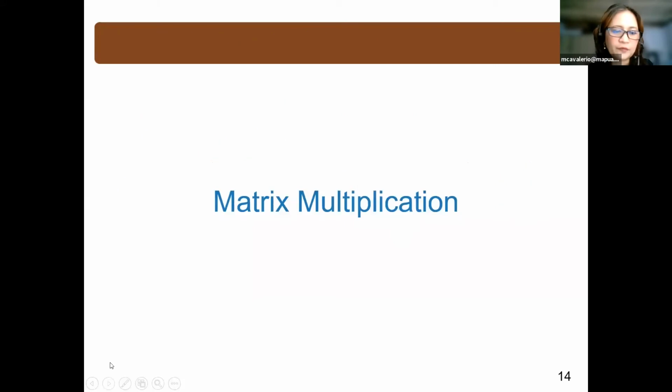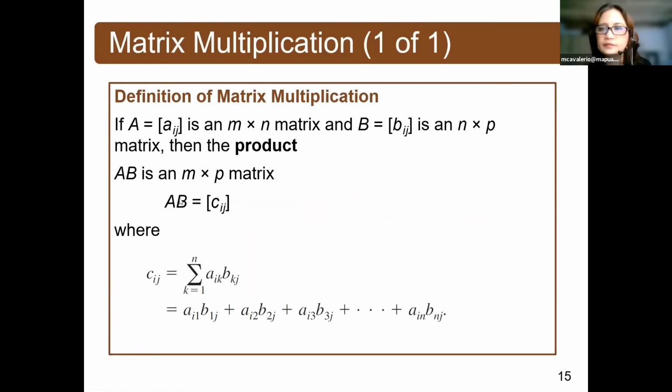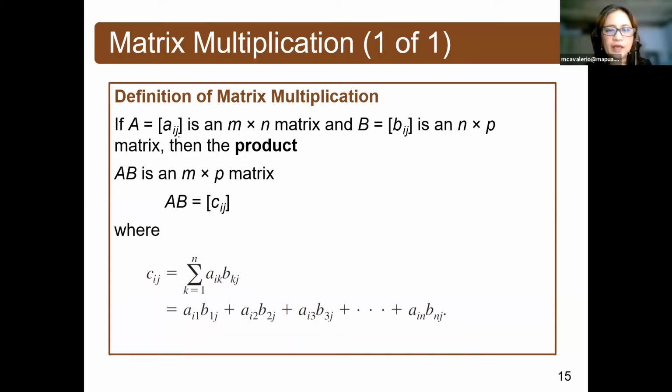Now, how do we perform matrix multiplication? If A is an m by n matrix and B is an n by p matrix, then the product AB is an m by p matrix.